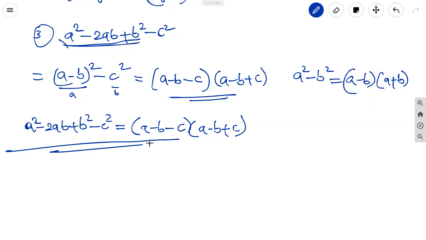And one more problem: factorize m to the power of 4 minus 256.